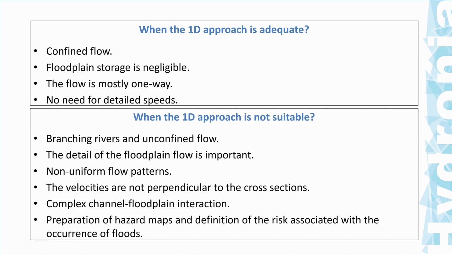So when is a 1D approach adequate to simulate hydraulic processes? Well, when you have confined flow, so if you have a river that is confined and you don't have overflow into the floodplain, or if the floodplain storage is very small, or when you are sure that the flow is essentially one-dimensional, only going in one direction, and there is no need for detailed velocities, but you consider that having the average velocity in a given cross-section is okay.